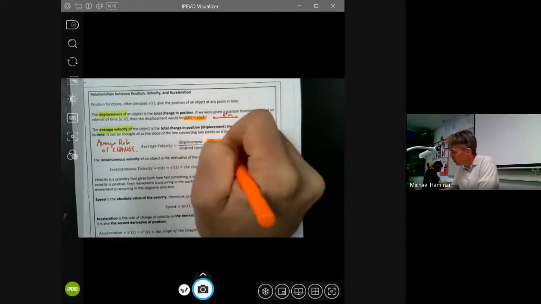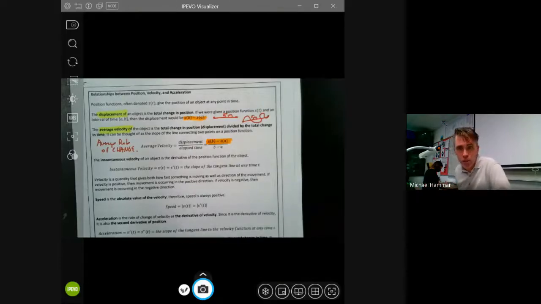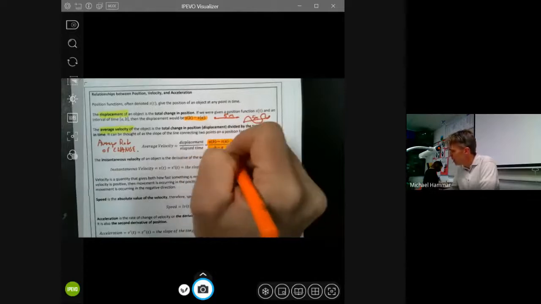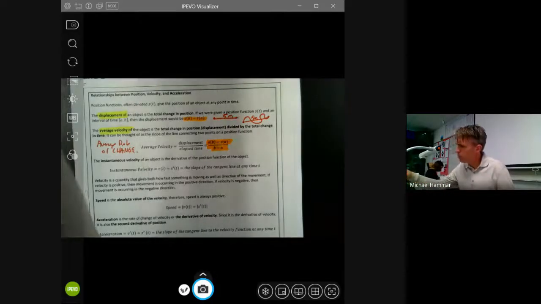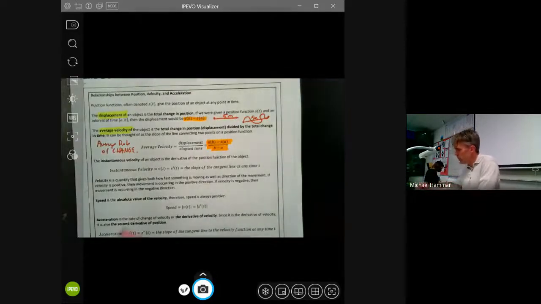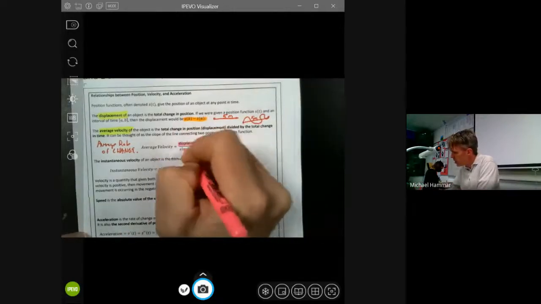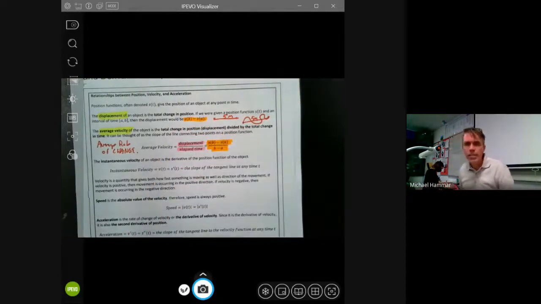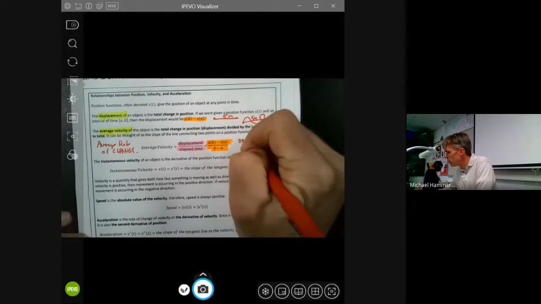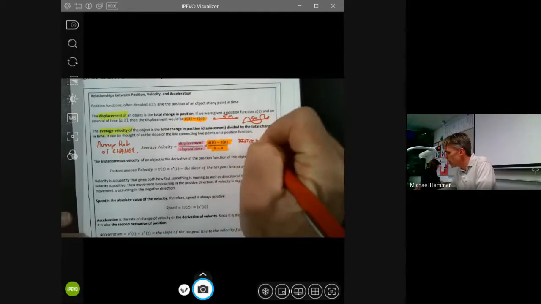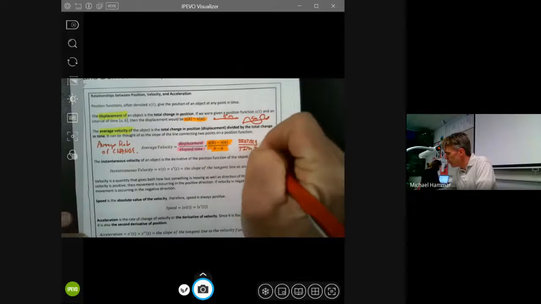Notice up here, we subtract the y's from a position graph, and divide by the elapsed time, the time that you went through. This formula is pretty straightforward: it's your displacement divided by your time. That makes sense when we talk about average rate of change. It's like miles per hour or feet per second. It's always going to be some sort of distance over some sort of time.